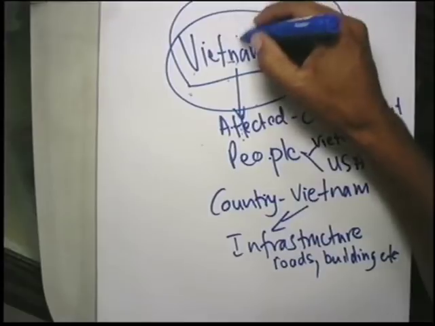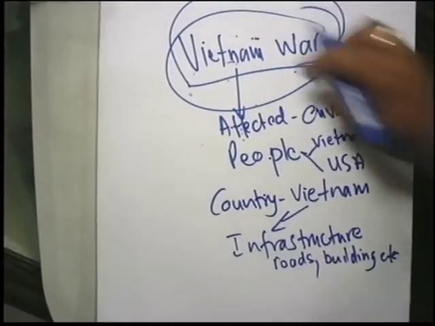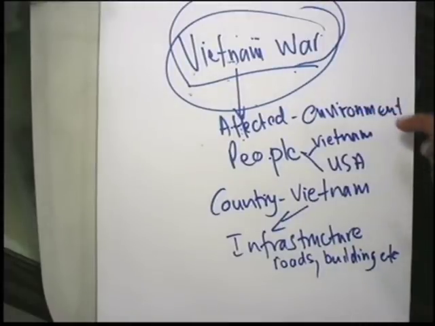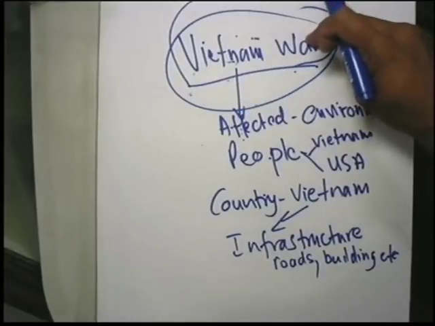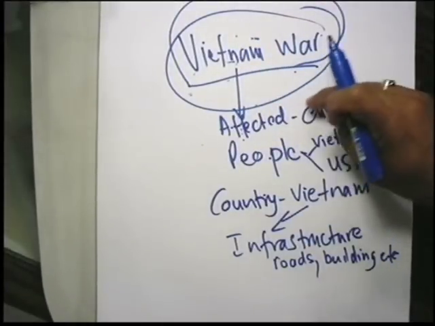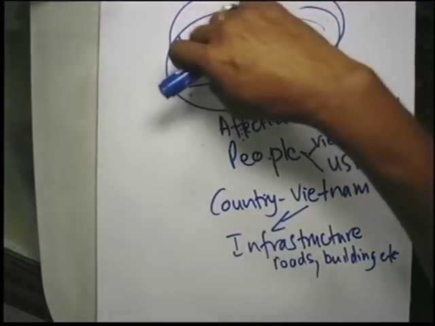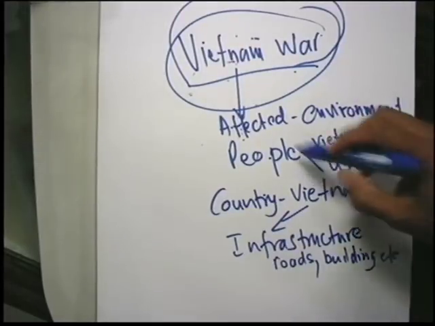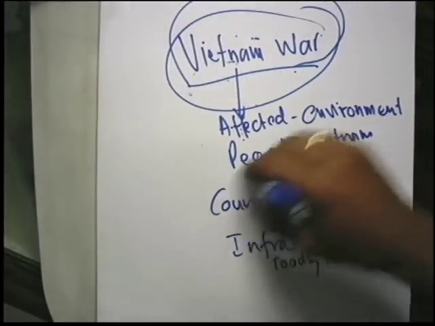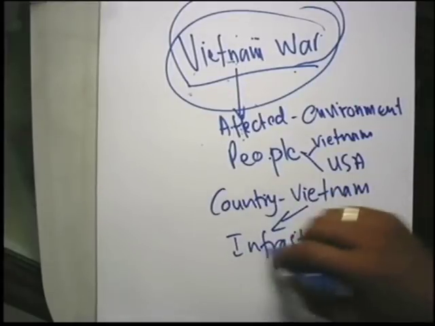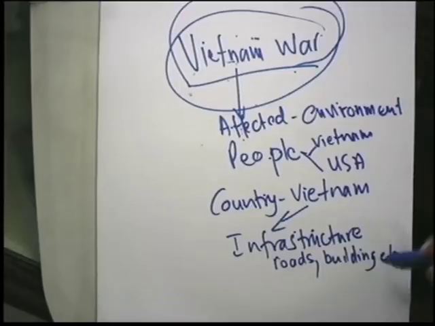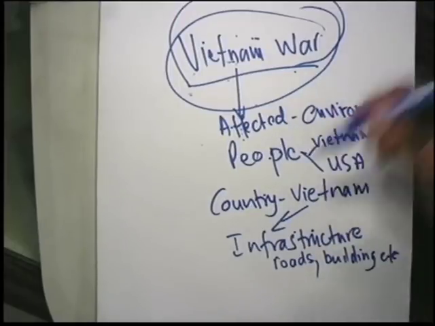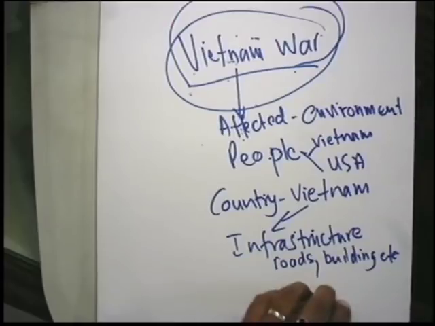Now, you can be asked a question, for example, what were the consequences of the Vietnam War on the environment? And what were the consequences of the Vietnam War in general? Then obviously you need to focus on the consequences on the environment, the people, and the country as a whole in terms of destruction to infrastructure, like roads, people, etc. And then killing of people, killing of animals, for that matter.